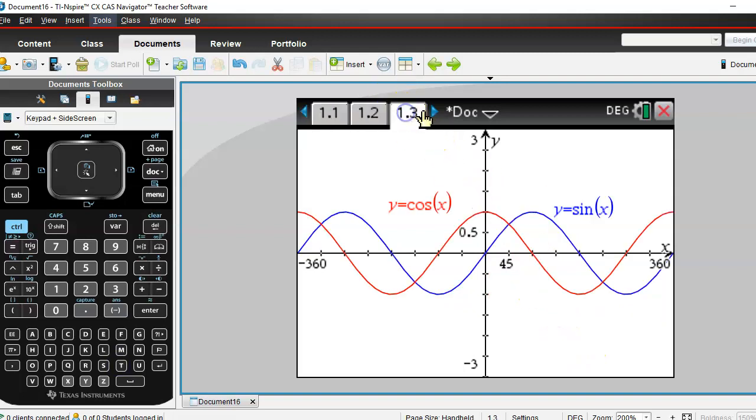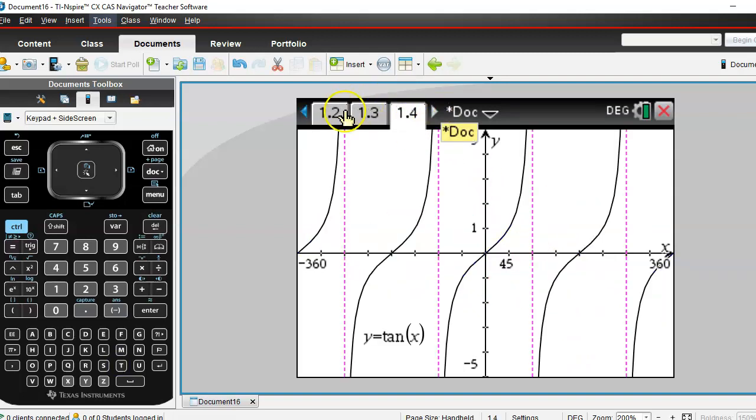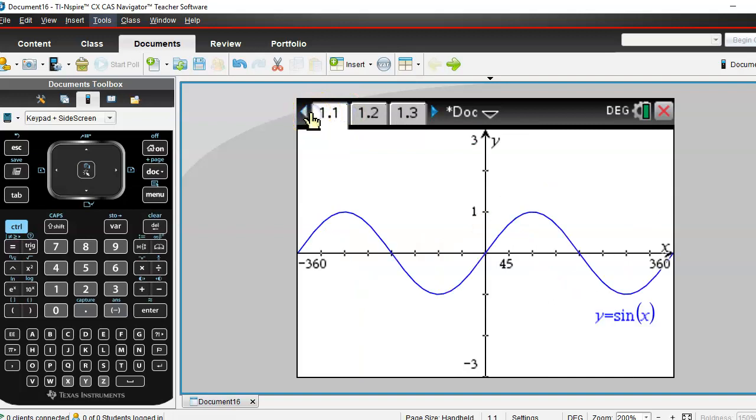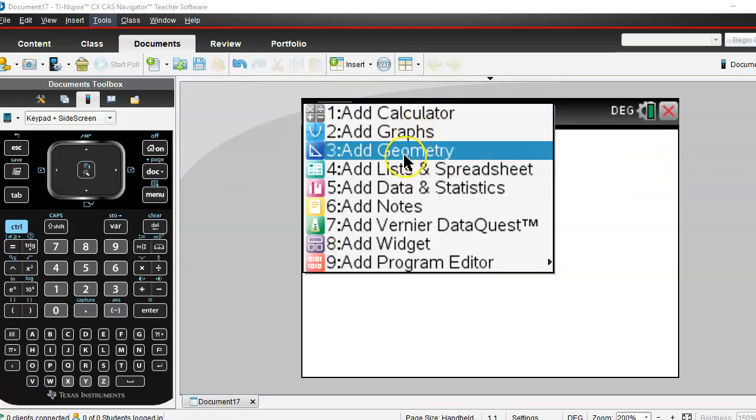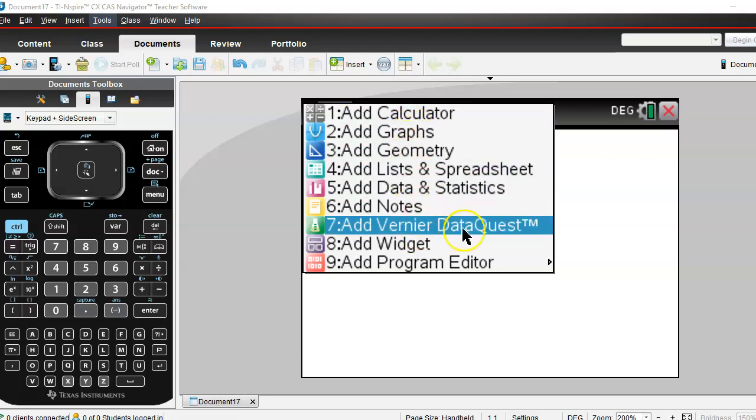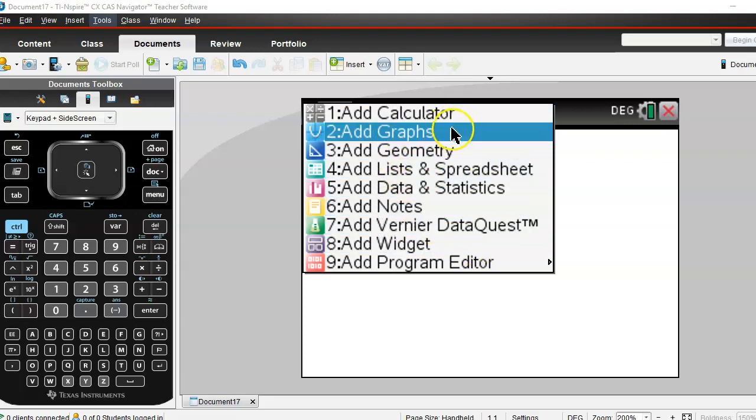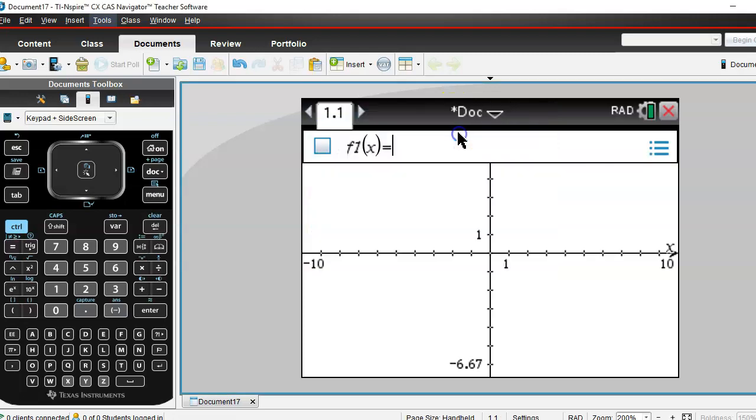Okay, now let's make new graphs. All right, I'm going to pause it here and then come back with a new document. Okay, so in our new document, I'm going to make a new page, which is add graphs.